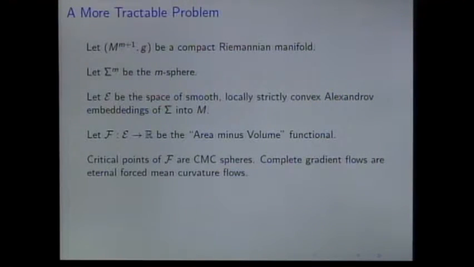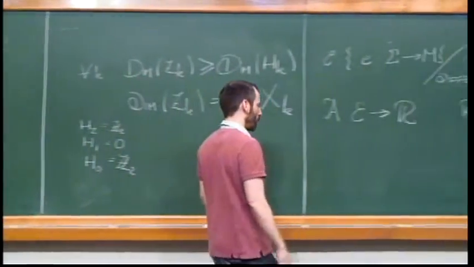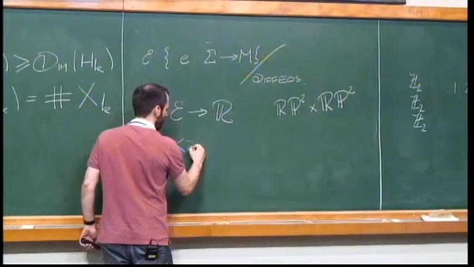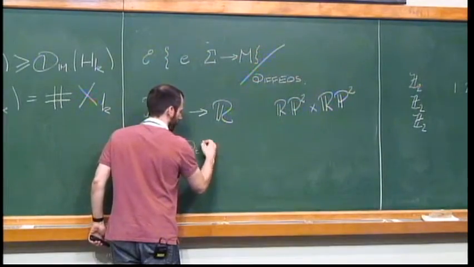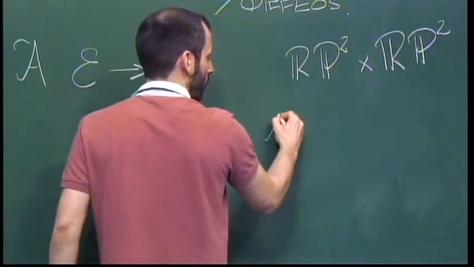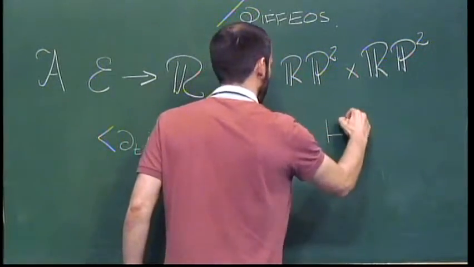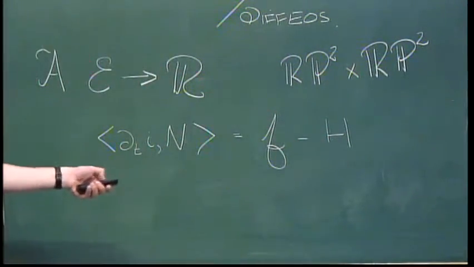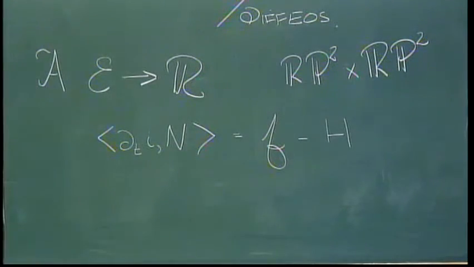There's a forcing term. I forgot to write down the equation. What that means is that at any time, the normal component of the variation of the immersion is equal to some forcing term minus the mean curvature. In mean curvature flow, the forcing term f is 0. Here we've got forced mean curvature flow, the forcing term f is non-trivial.